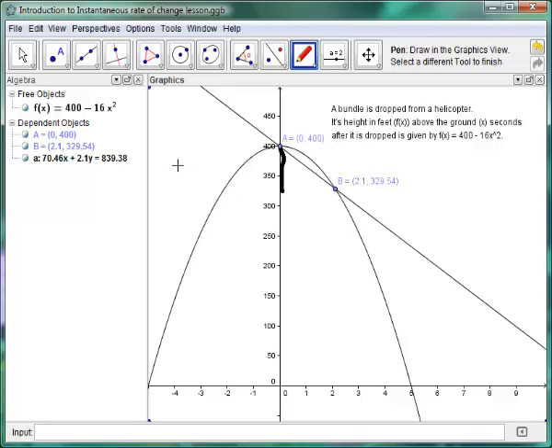I would just look at my rise, which is of course going down here. And the way I do that is I would subtract my y coordinates. So I would do 329.54 minus 400. And that value gives me negative 70.46. So that's my change in height. The object fell from 400 feet to 329.54 feet, so that's a drop or negative value of 70.46. That's my change in height.